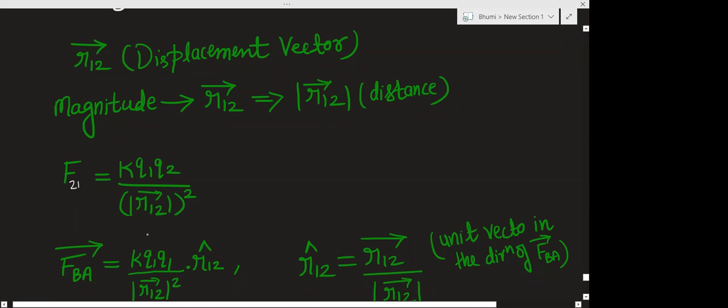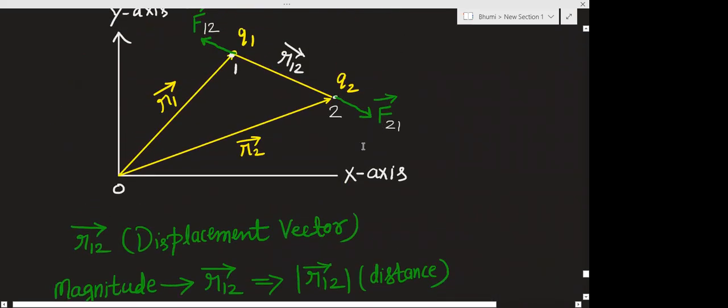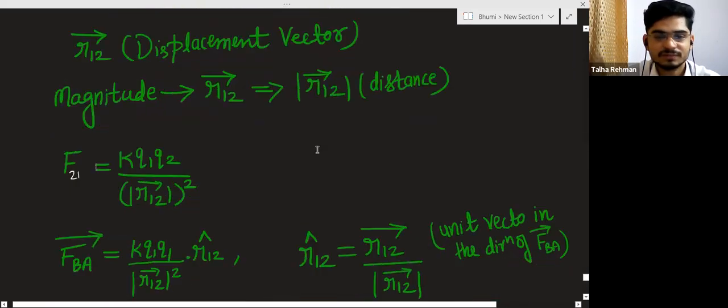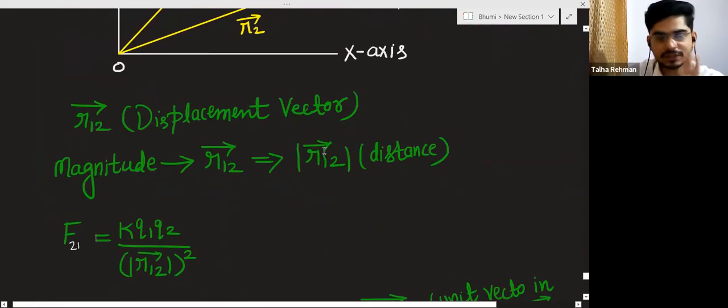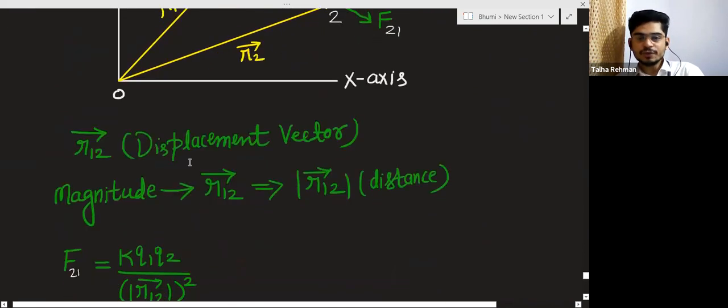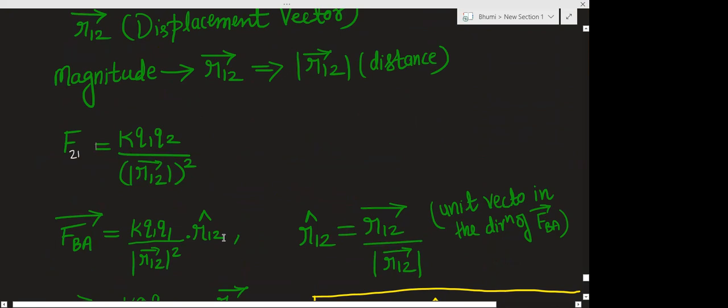Are you okay with this? Are you sure? Accordingly, you can change. Instead of FAB, you will write F12. Instead of FBA, you will write F21.